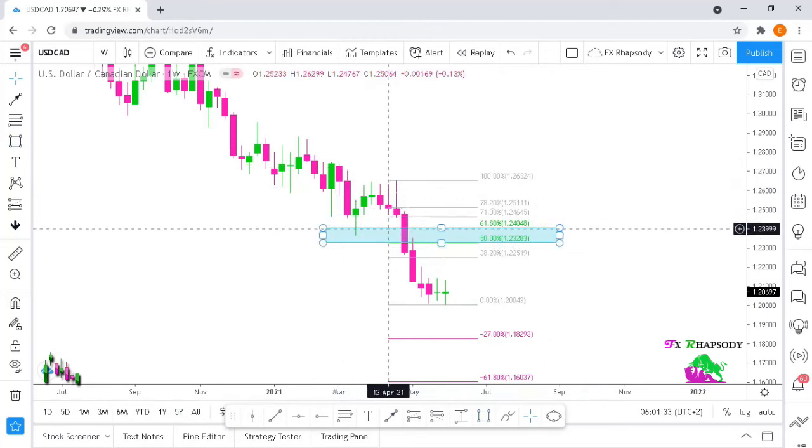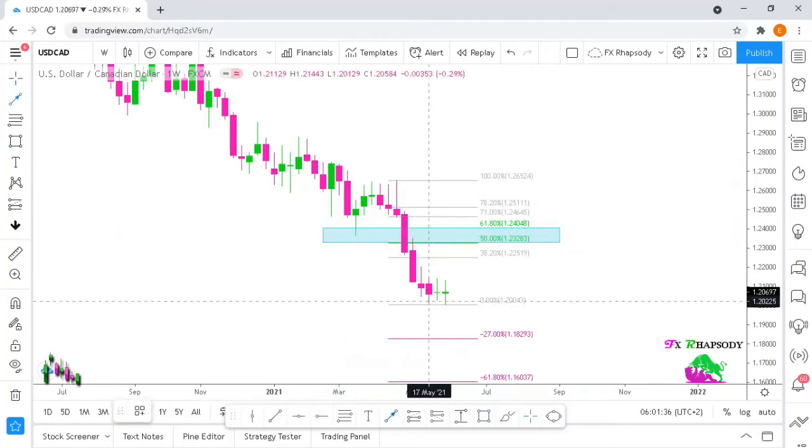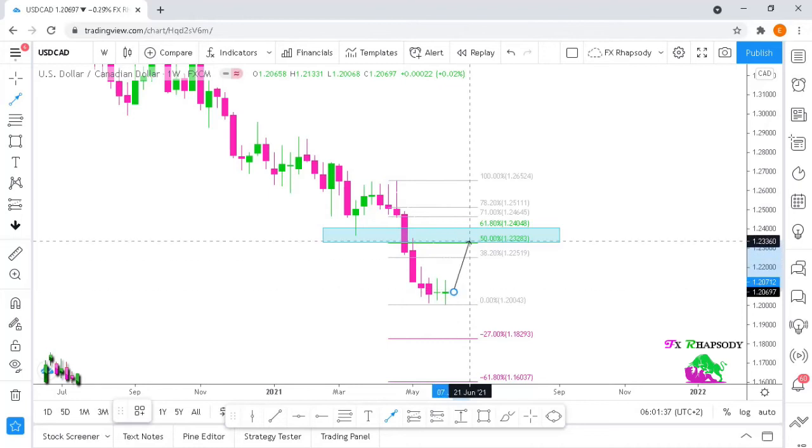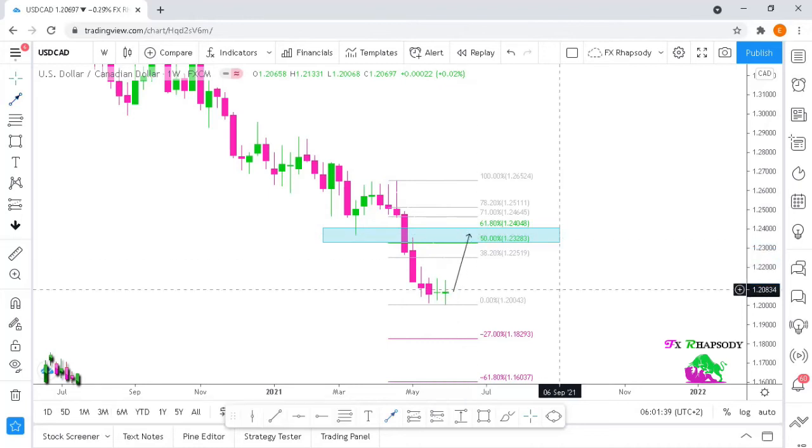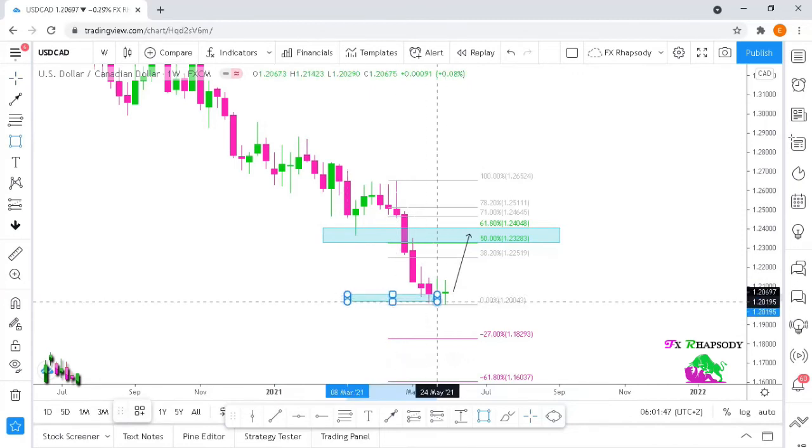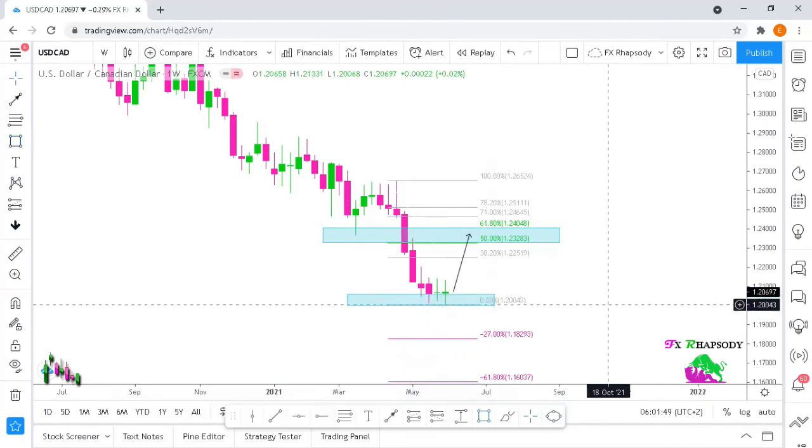So this is the area that we're expecting price to retrace to. On a weekly time frame, it's more confirmation that price might be heading up, seeing that this area here for the last couple of weeks has proven to be a nice support area.